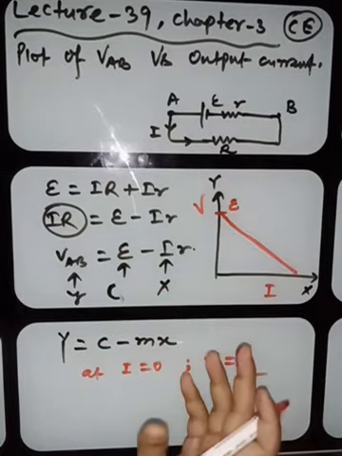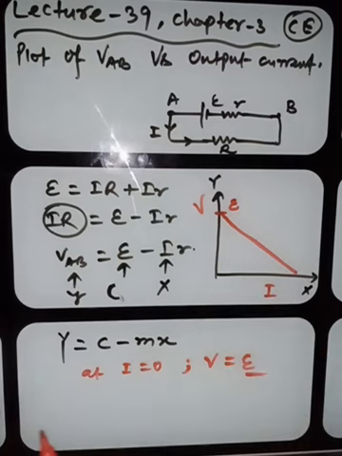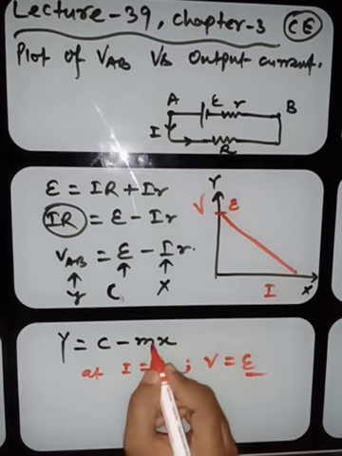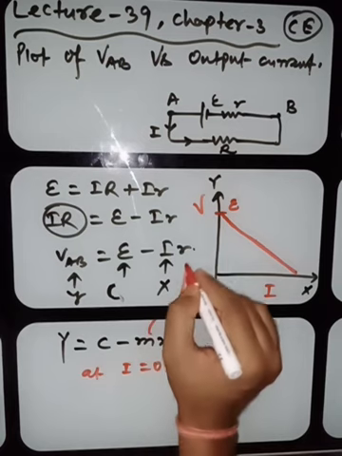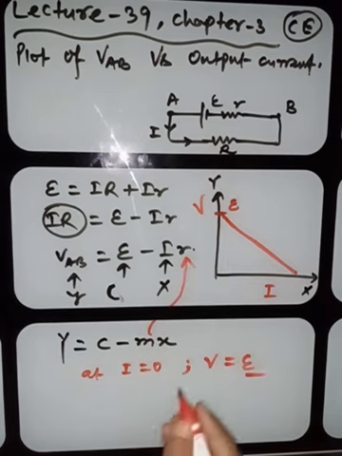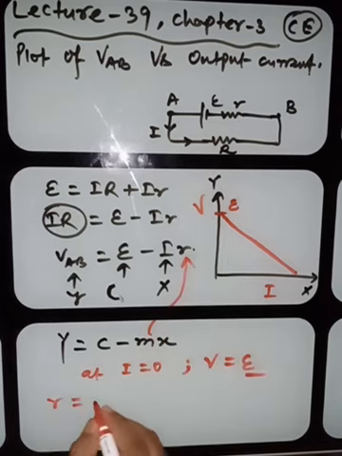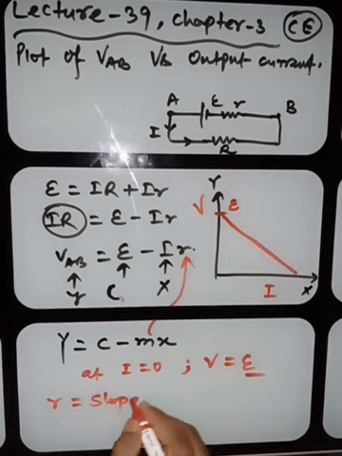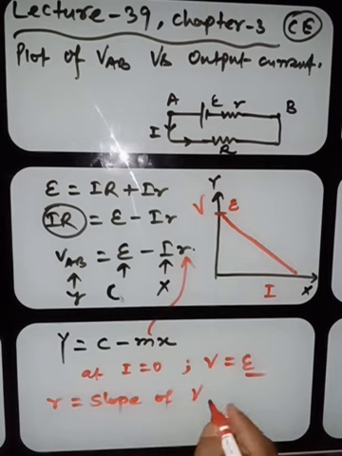Now, about the internal resistance, you can see over here, this m is nothing but r. It means r is the slope. Internal resistance can be obtained from the slope of V versus I.